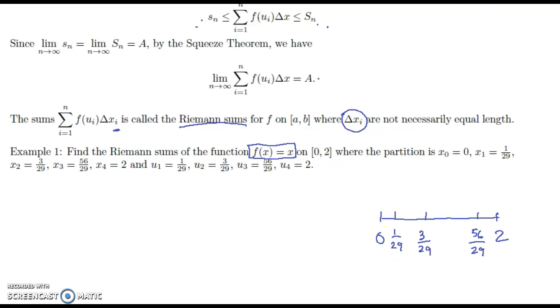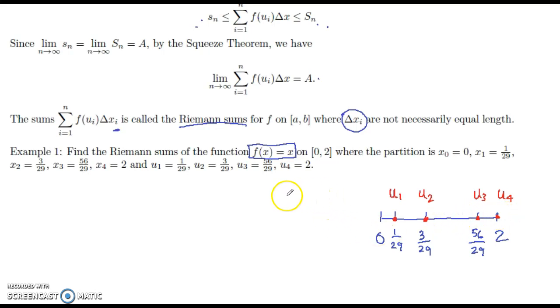And your u1, in the first interval, is the right endpoint. On the second interval, u2 is also the right endpoint. In the third interval, u3 is the right endpoint, and in the last interval, u4 is the right endpoint. But you can also pick any point in between.